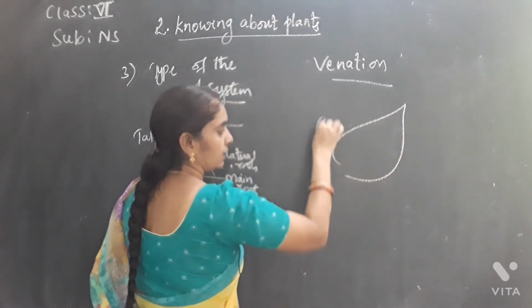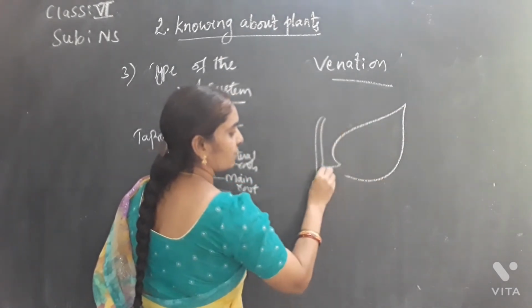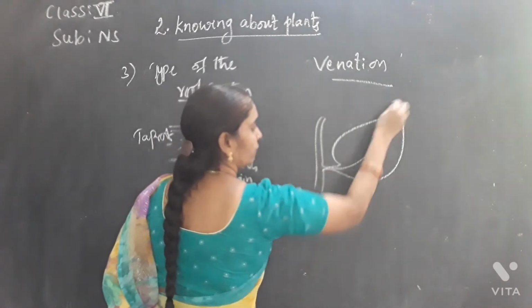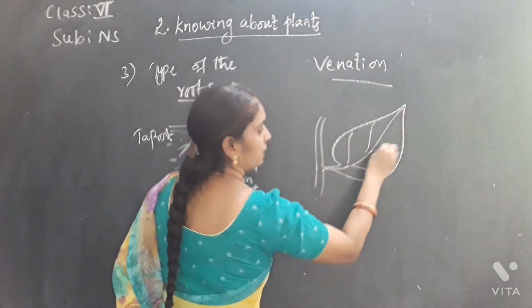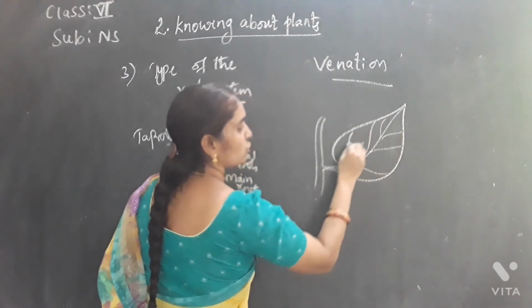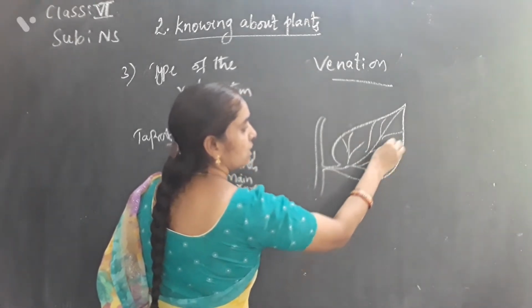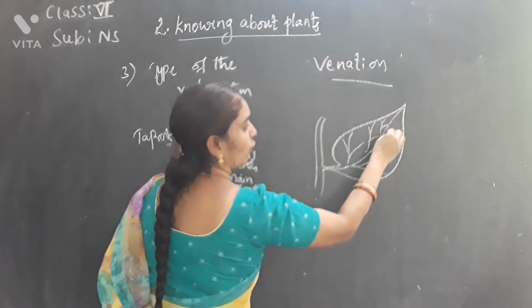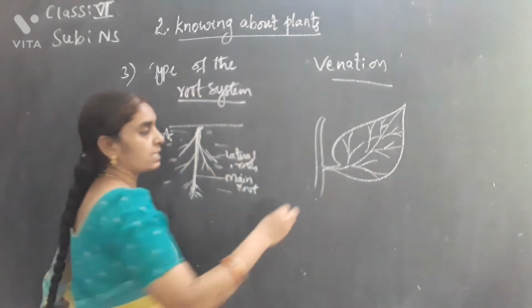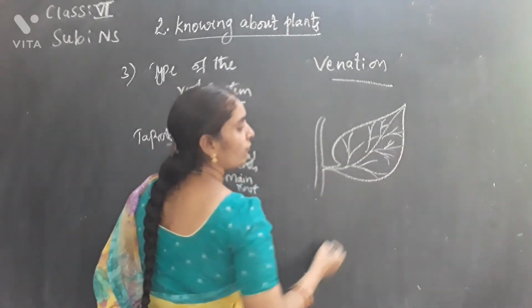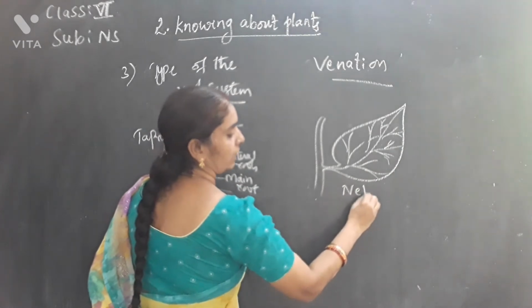The plant has leaves with venation of the reticulate type. That is, the network-like arrangement of veins is seen in this type of leaves.